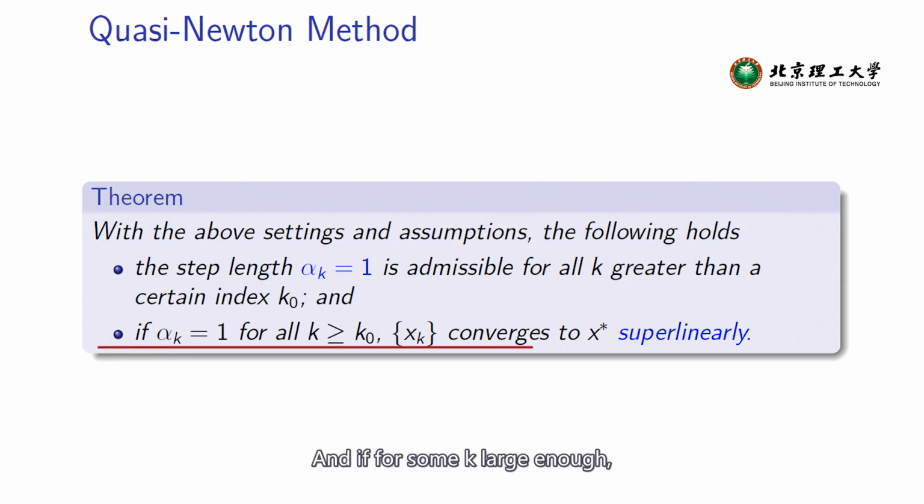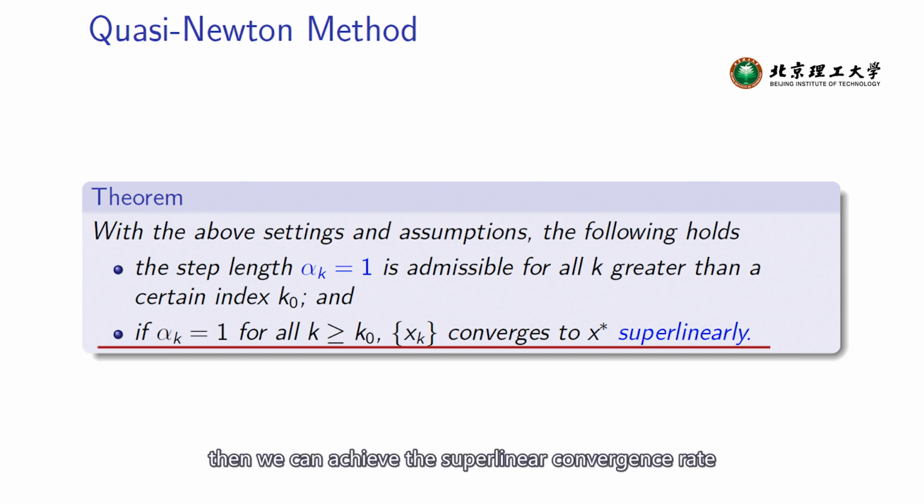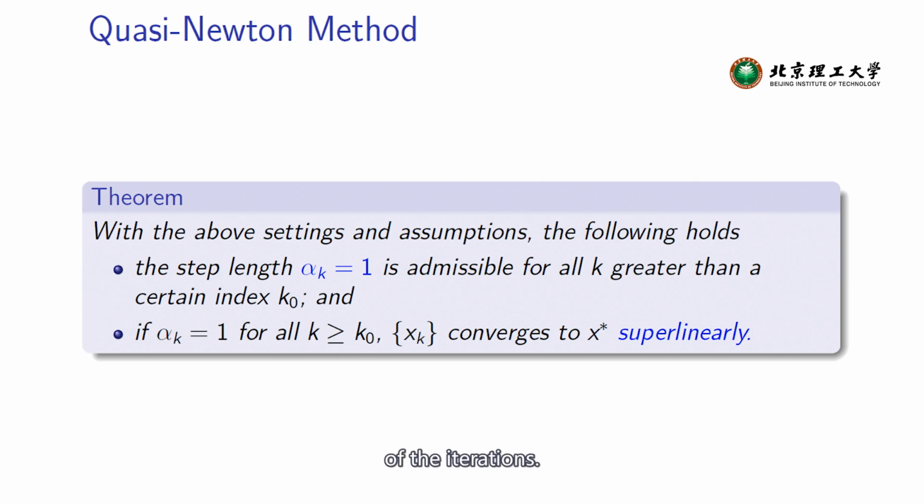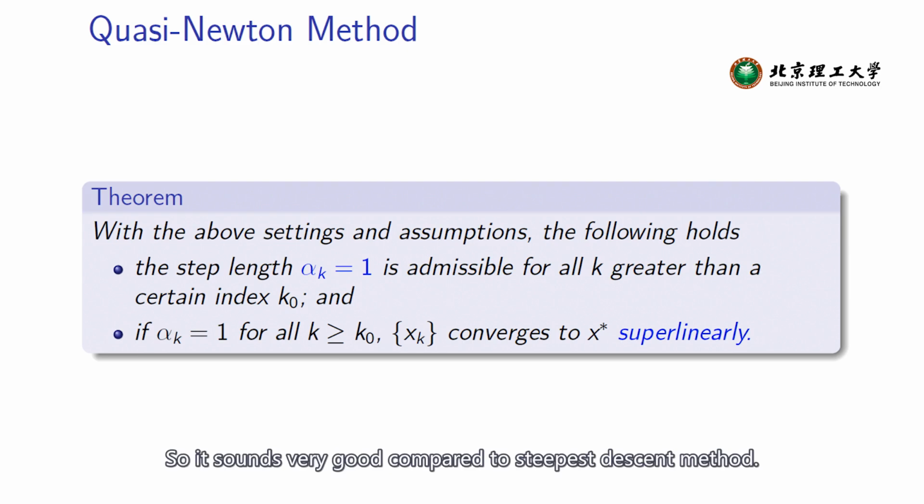And if for some large enough k we have the unit step length, then we can achieve the superlinear convergence rate of the iterations. In other words, for quasi-Newton's method, we also have the superlinear convergence rate. So it sounds very good compared to the steepest descent method.